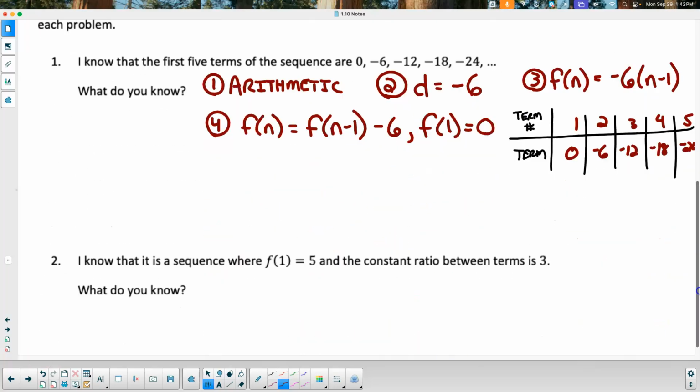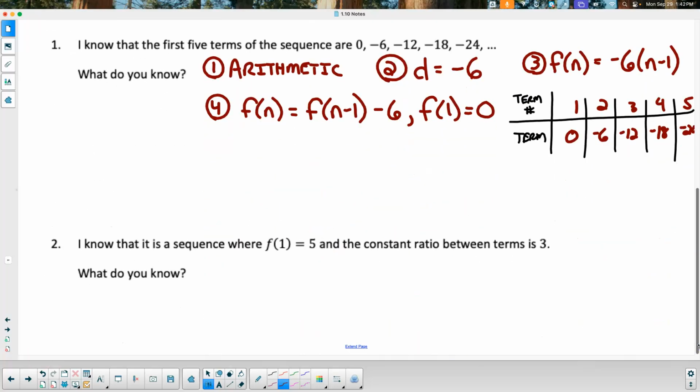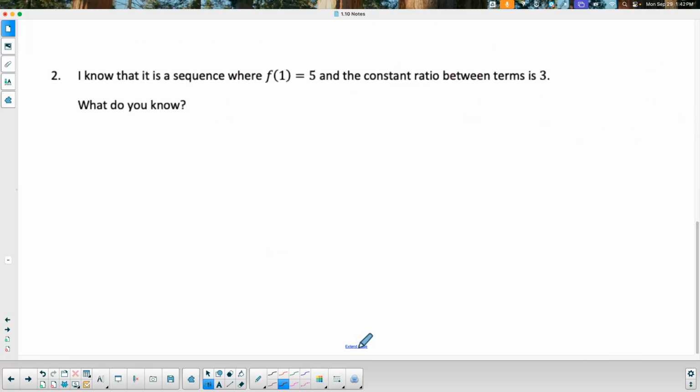Let's start with number 2. What is number 2? What you got? It is geometric. Yep, for sure. First thing, it is geometric. It already gave us the constant ratio, right?